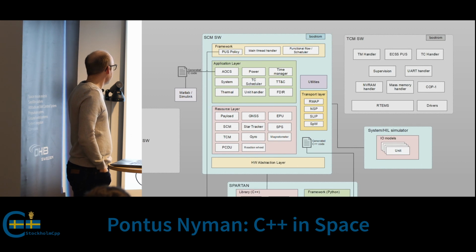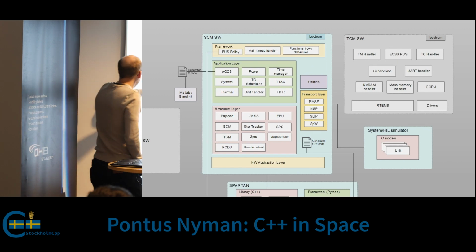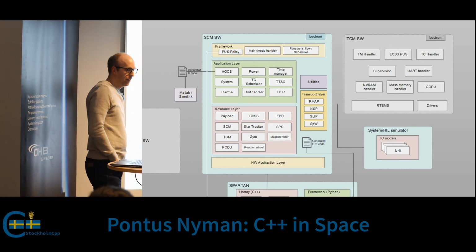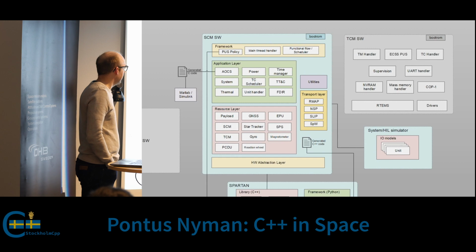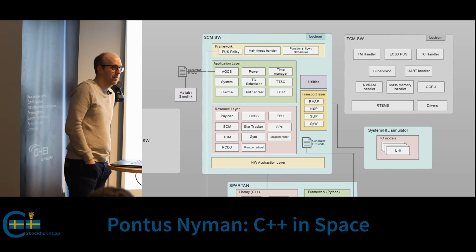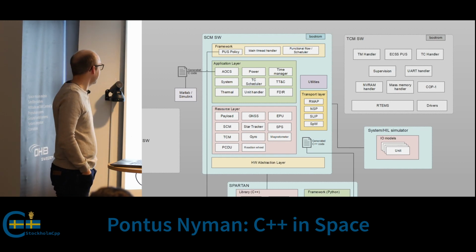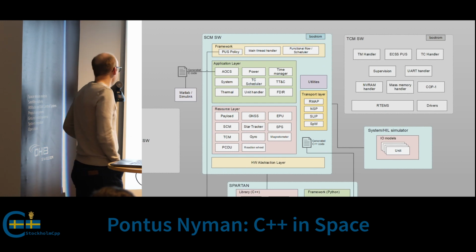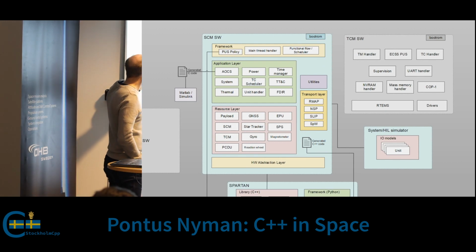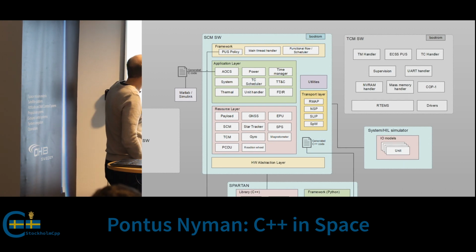And for some reason in the space industry, these are like other guys. It's not us. Model-based design, they don't count as software guys for some reason. So they do their models, and then they generate C code, and we bring the C code into this. Everything else here is C++.